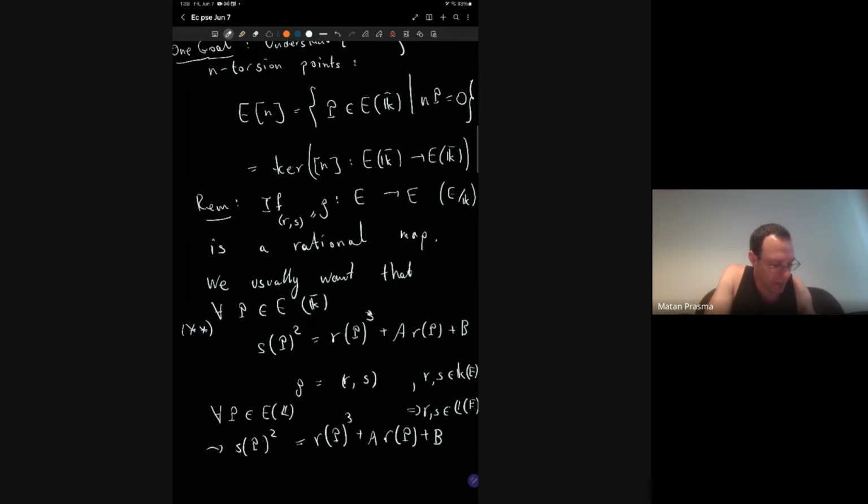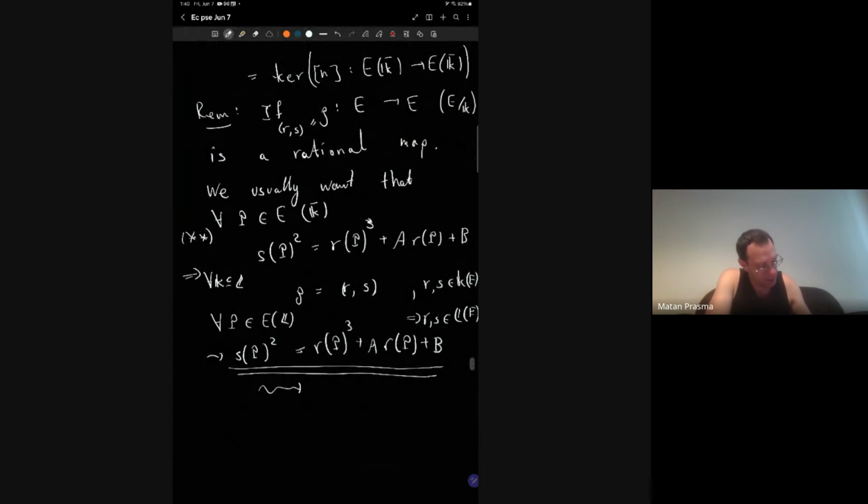And once I have double star, then for any L that is an extension field of K, this equation will be true. So I get a map rho from E of L.